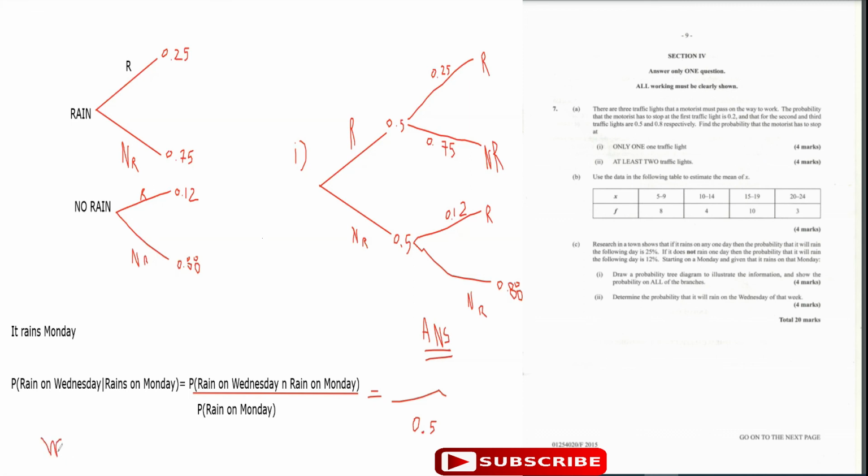Now think about it: it can rain Wednesday but not rain Tuesday, so no rain Tuesday and rain Wednesday. Or it can rain Tuesday and rain Wednesday. Those are the two possibilities for it raining on Wednesday and Monday. So let's find those.